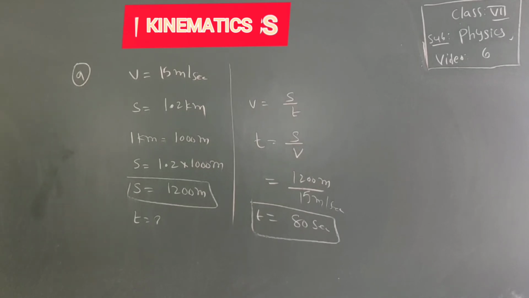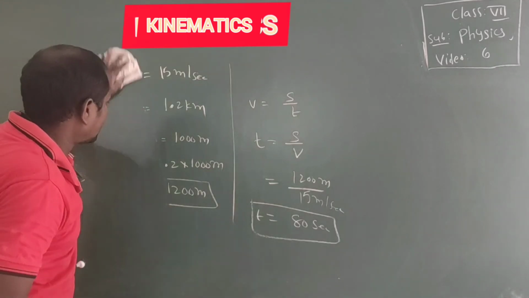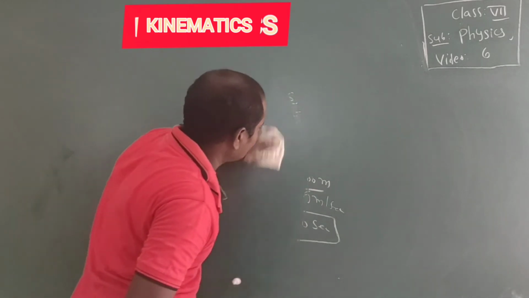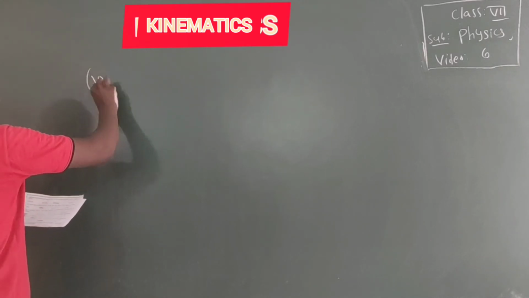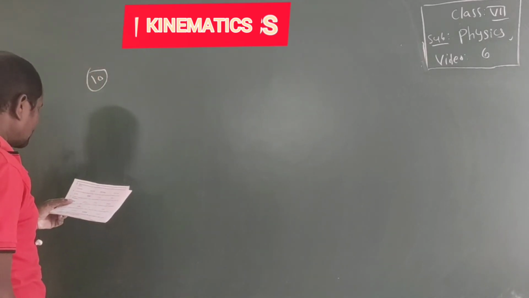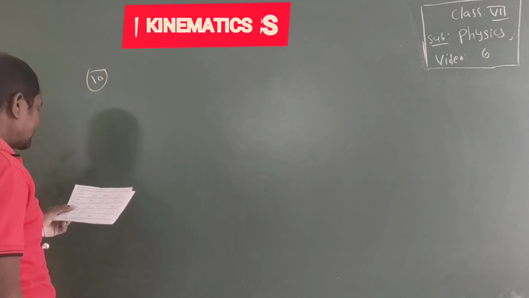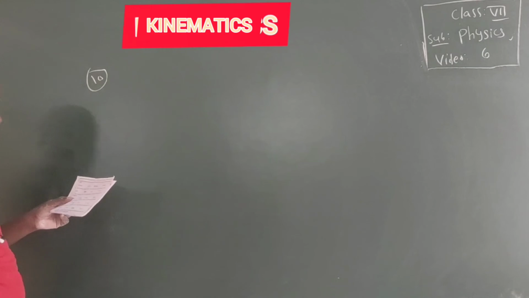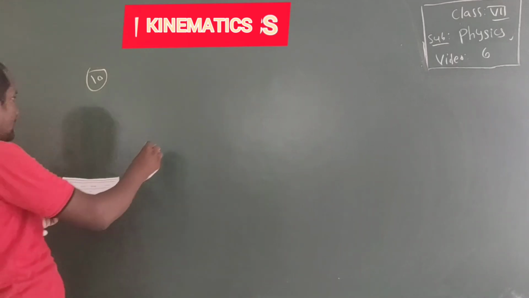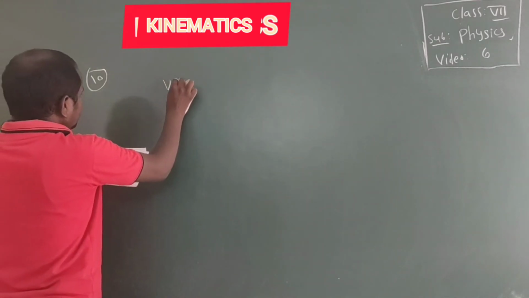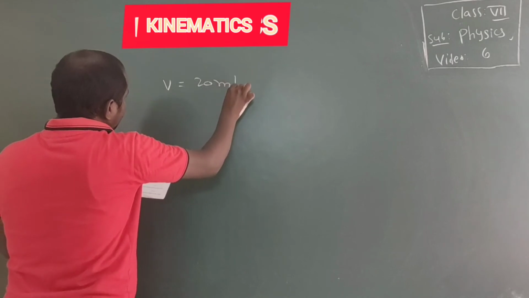Okay. Next one, question number 10. A bus is moving at 20 meter per second. How much distance in kilometers will the bus cover in 25 minutes? So here V is given, 20 meter per second.